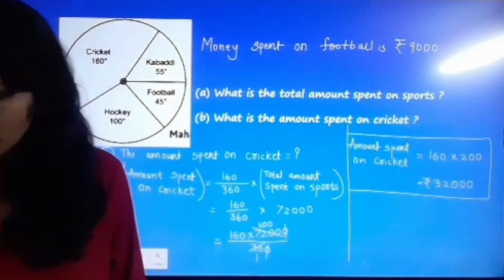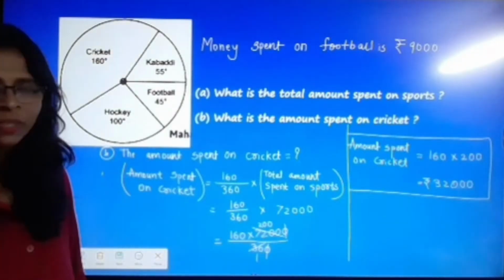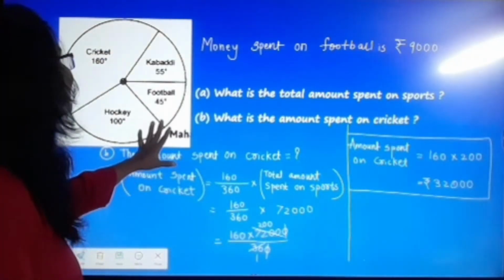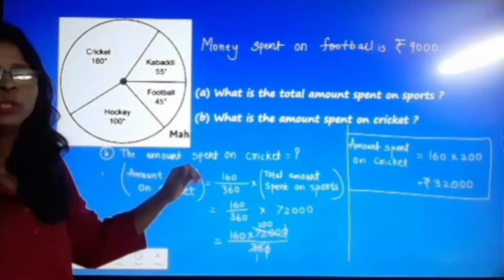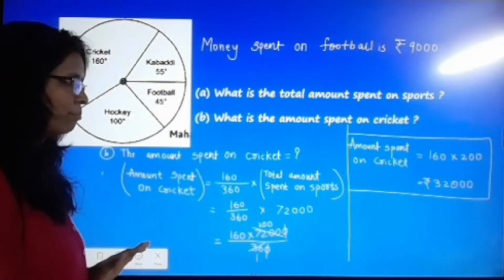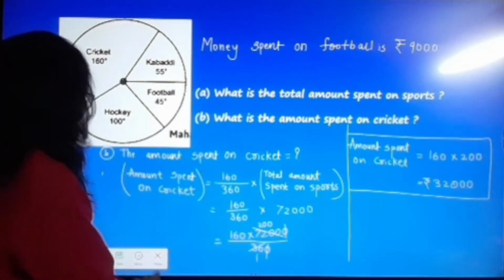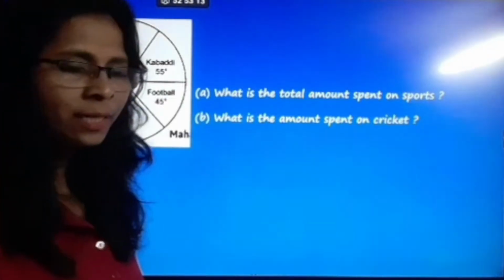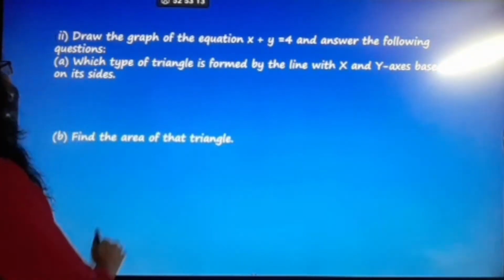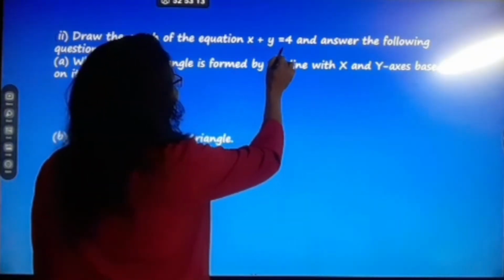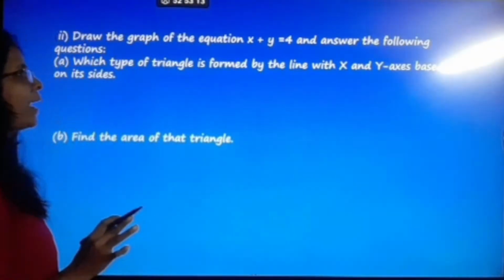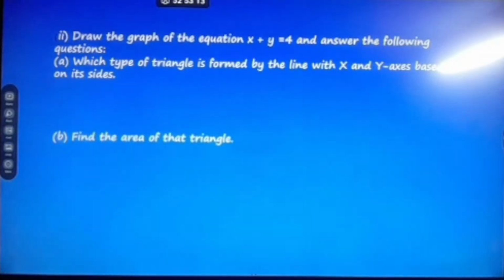Okay students, so in such a way we completed the two examples with the help of the pie diagram. Then the next example is: draw the graph of the equation x plus y is equal to 4 and answer the following questions.